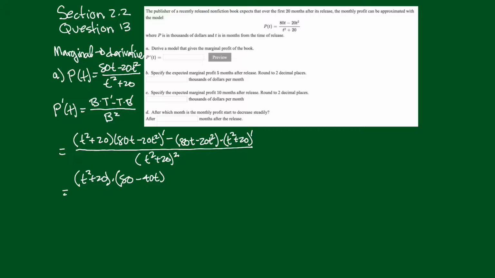So here's the bottom times the derivative of the top, minus the top, 80t minus 20t squared, times the derivative of the bottom. That's this part right here. Bring the 2 down as a multiplier, decrease the exponent by 1, so we get 2t. The derivative of 20 is just 0. So right here, we're just going to get 2t, all over that bottom quantity squared.